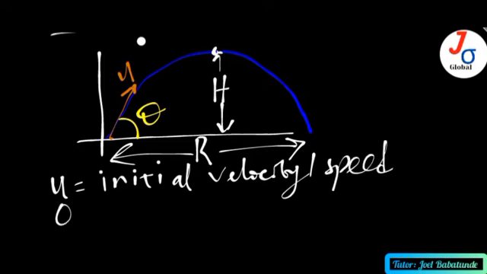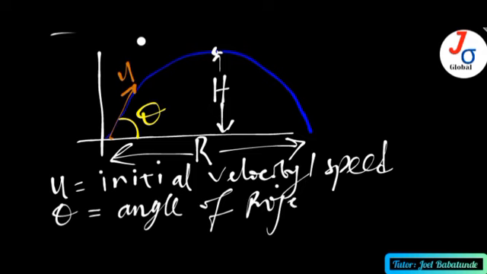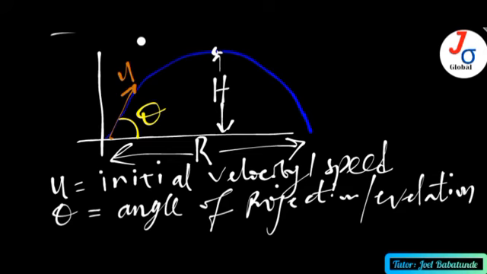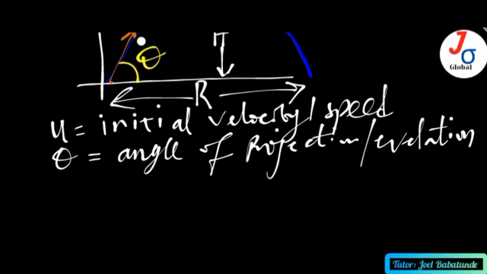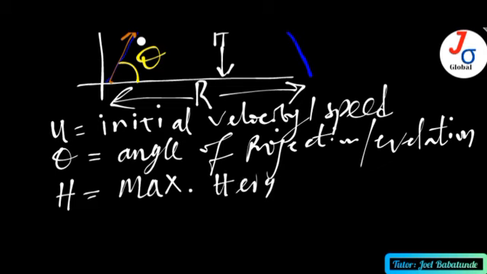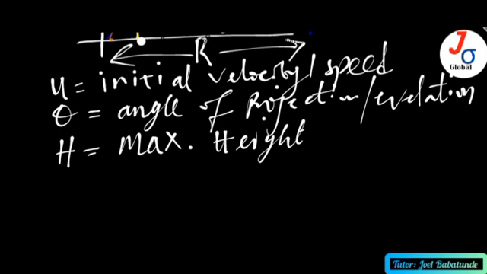Then you have theta, which is called the angle of projection or elevation, depending on the words that I use. Then you have h, the maximum height. And then you have R, which is called the range.